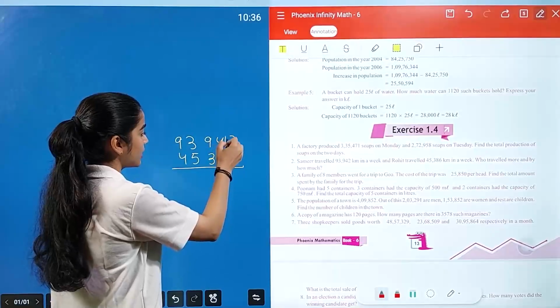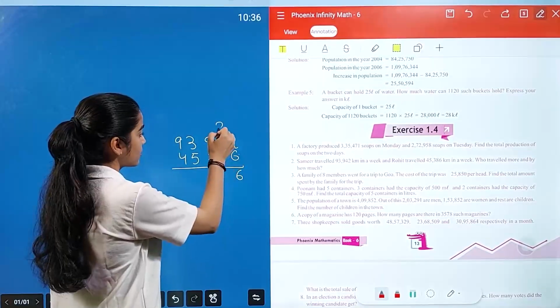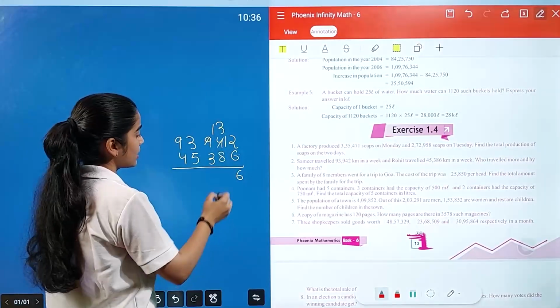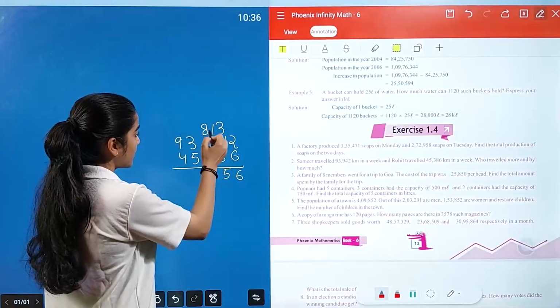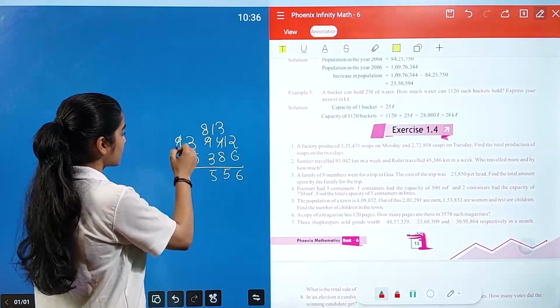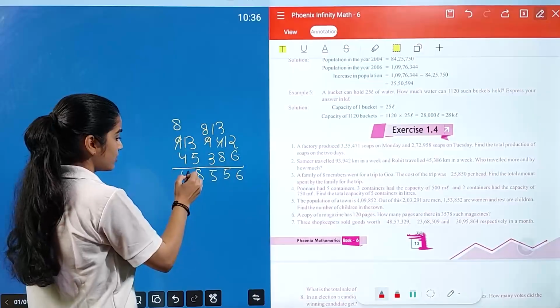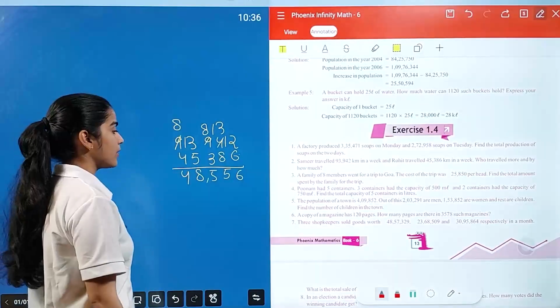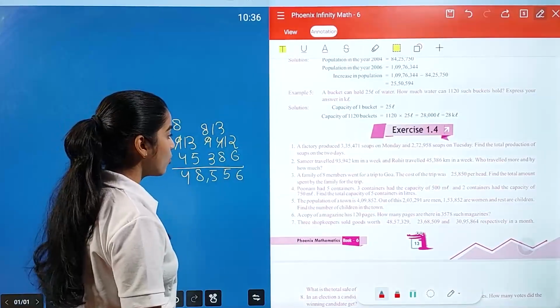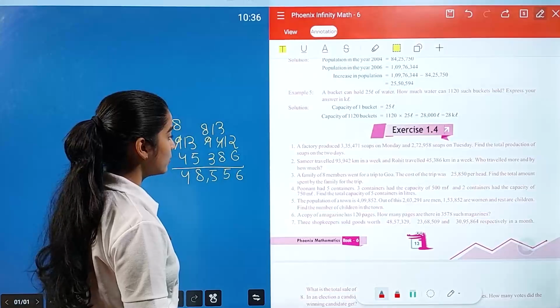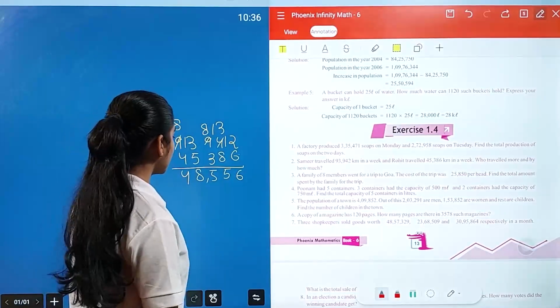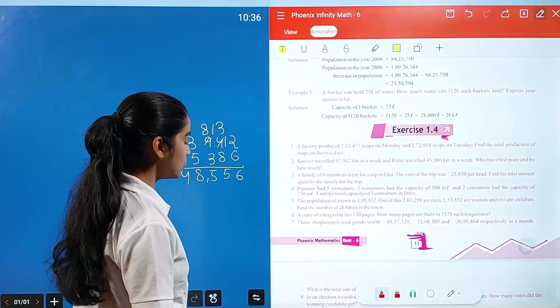So we have to take a carry. 12 minus 6 is 6. 3 we have to take a carry. 13 minus 8 is 5. 8 minus 3 is 5. 13 minus 5 is 8. And 8 minus 4 is 4. So you have 48,556 more travel. Sameer will travel 48,556 more as compared to Rohit.